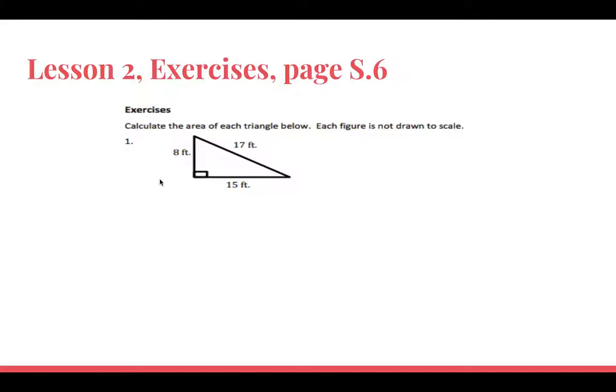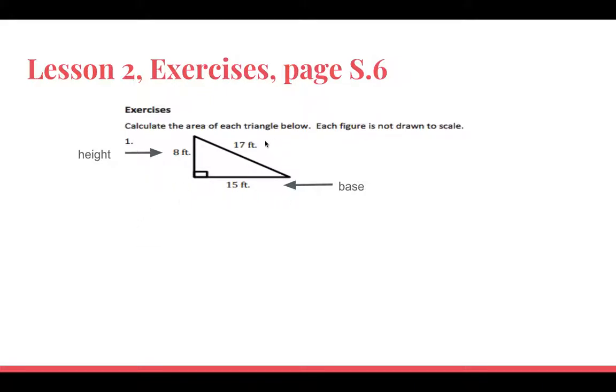We're going to identify the base, that's the line down here, remember that from our work with parallelograms. And the height is right here. If you remember from parallelograms, you determine the height because that is the line that forms this right triangle. That's really important. The 17 feet here, you're not using that. So only base and height.